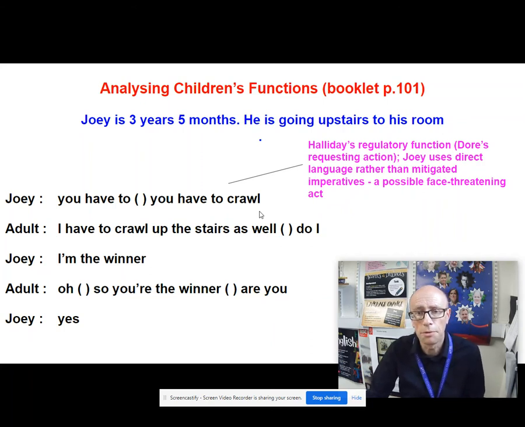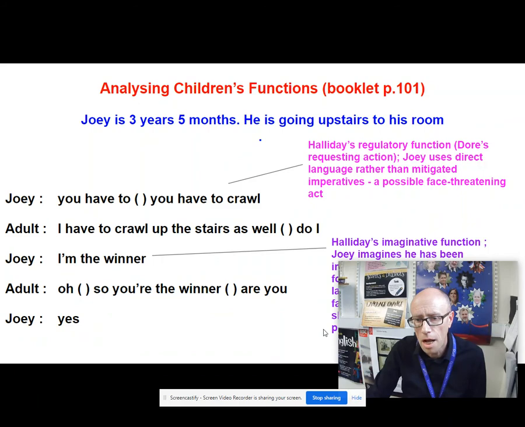So he's using language in a very direct monosyllabic way, and if that were an adult talking, you would possibly interpret that as being a face-threatening act. It's not a mitigated imperative, it's a direct imperative. So here is a child who is speaking broadly in standard English, but pragmatically still has a lot to learn about things like negative face.